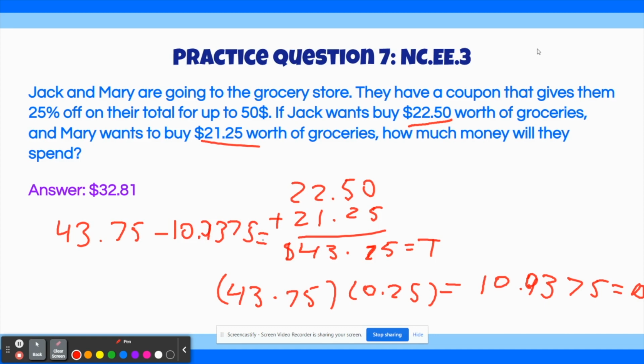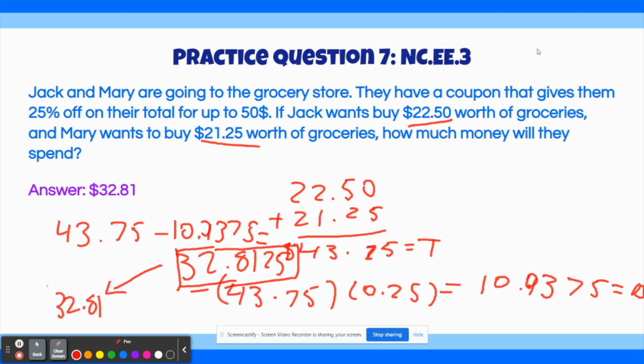And when we do that, we're going to get 32.8125. So that's what we get, but we have to express it in dollars and cents. So that's not our final answer. We have to round to just 2 decimal places. So we're going to go ahead and round that to 32.81. And that's going to be our final answer.